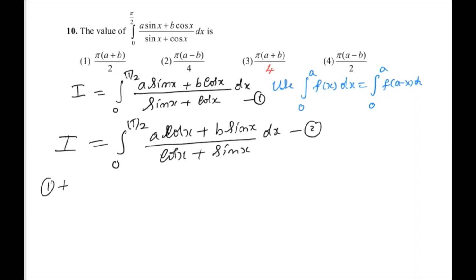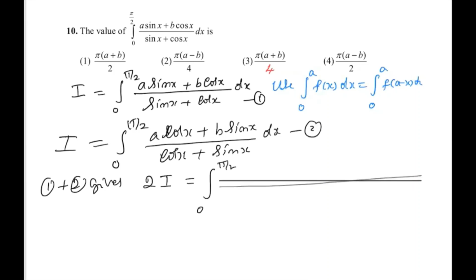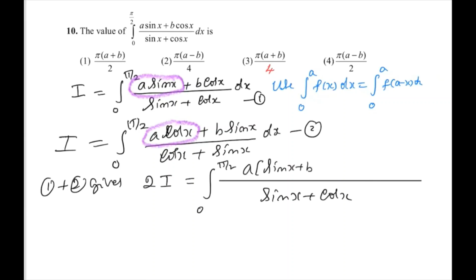Now 1 plus 2 gives I plus I, 2I, integral 0 to pi by 2, same denominator, sin x plus cos x. Now adding, so we shall take common factor. A sin x plus a cos x becomes a times sin x plus cos x.